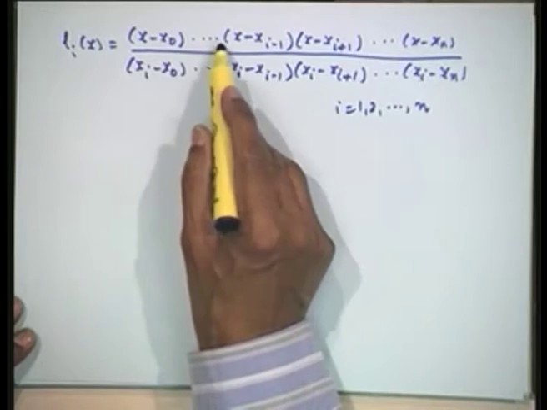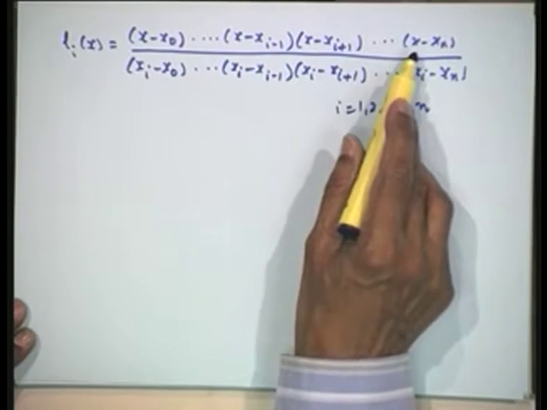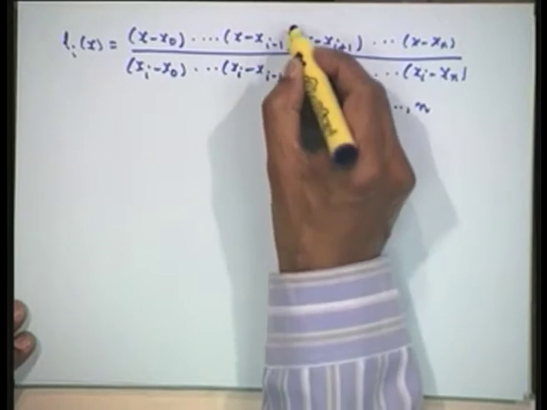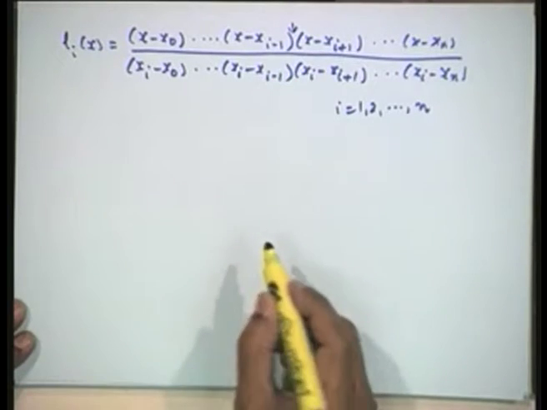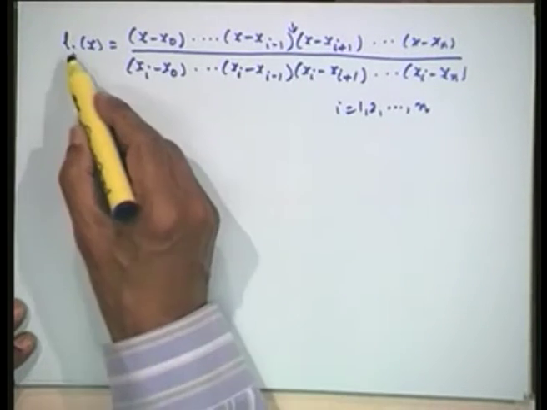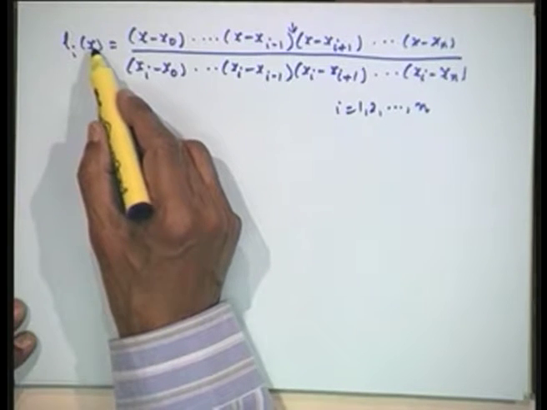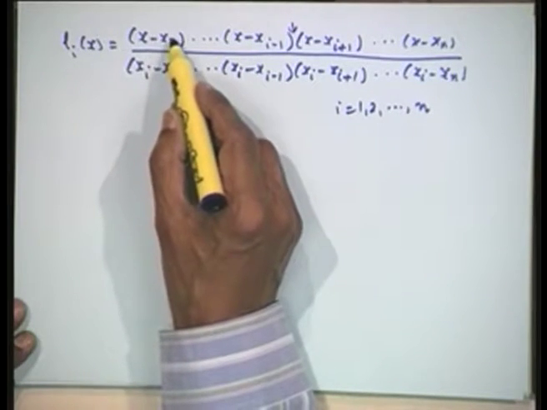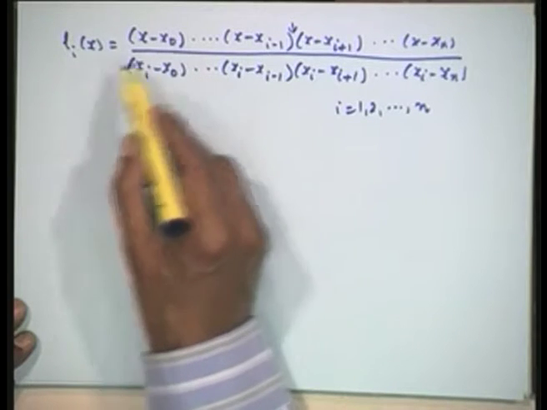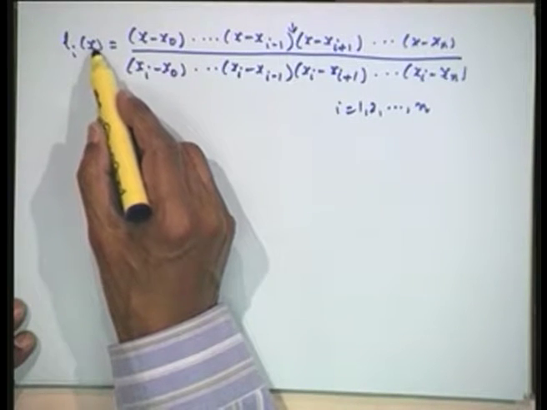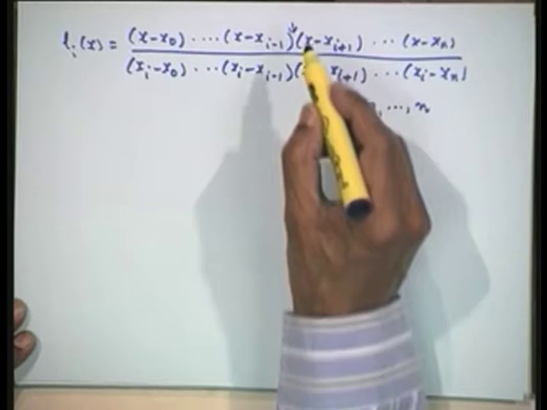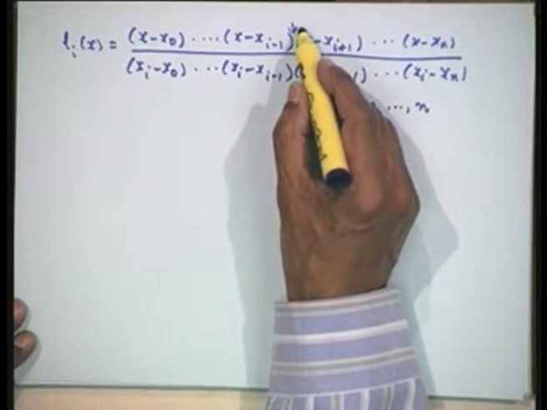Now, in the numerator we have written all the products except the product here, that is x minus xi, and that belongs to this suffix i. Now, let us substitute x equal to x0. It is 0 because the numerator has x minus x0. So, for all xj this is going to be 0 except when x is equal to xi.